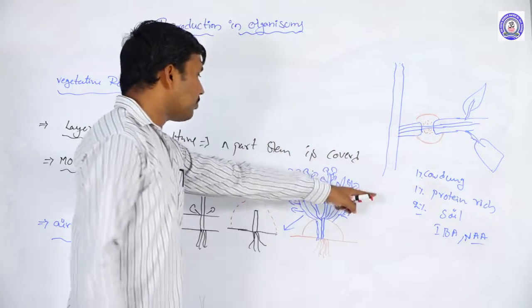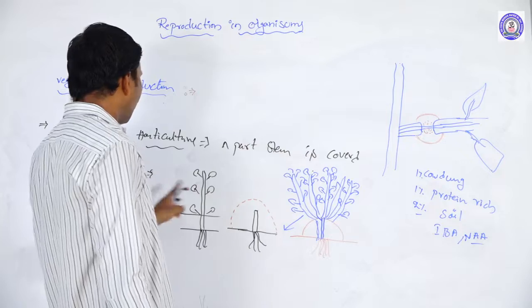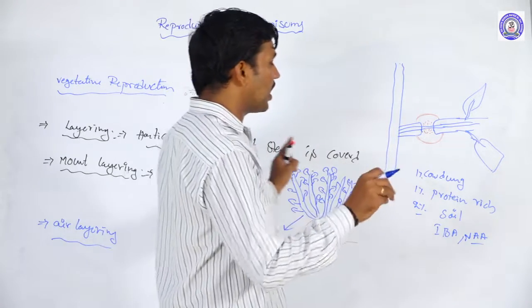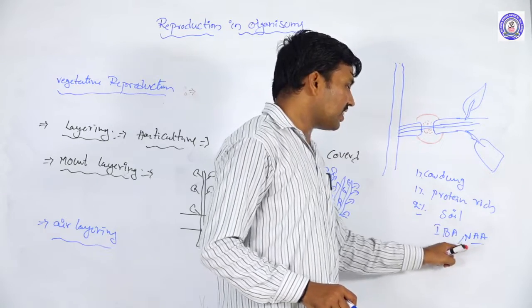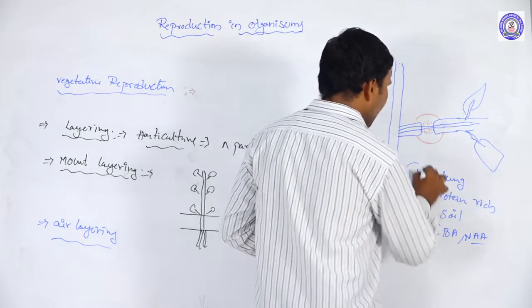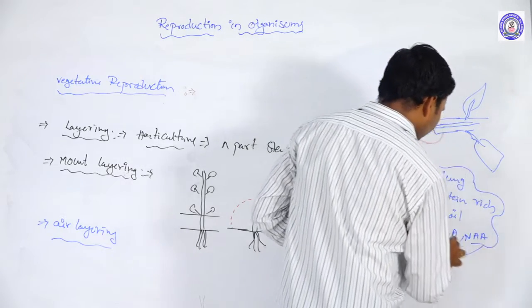Not only that, in any form of layering or cutting process, the stems are first treated with IBA or NAA. These are the root promoters. Generally this mixture is called the layering mixture.